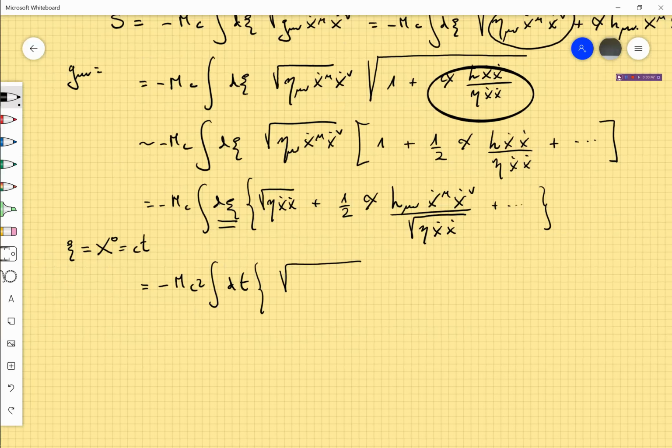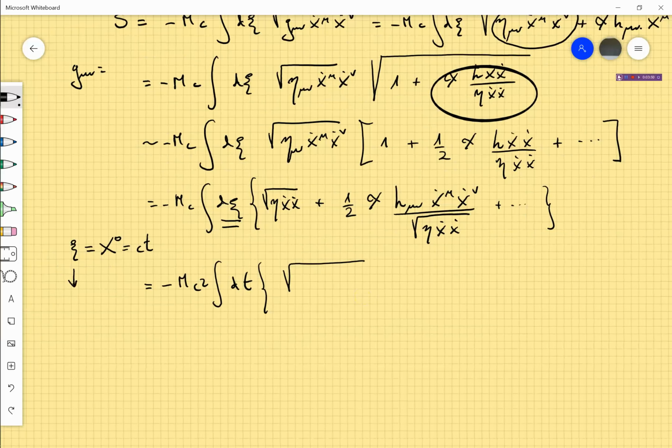Remember that in this gauge x dot 0 is 1, but x dot i is 1 over c times dx^i/dt, so this is v^i divided by c.